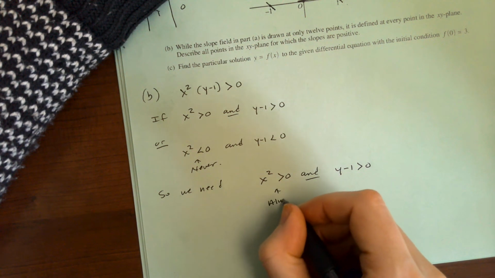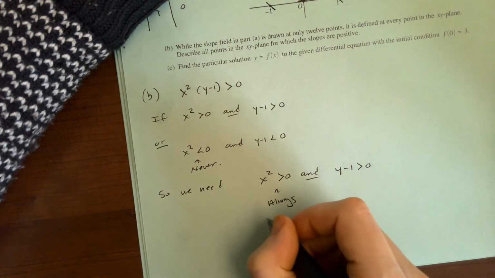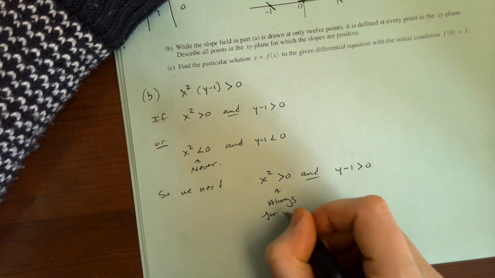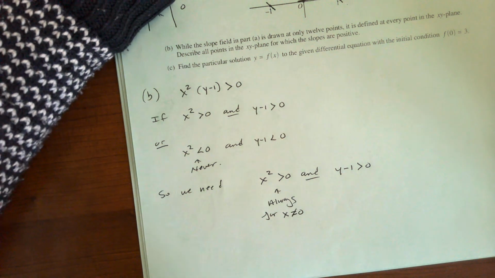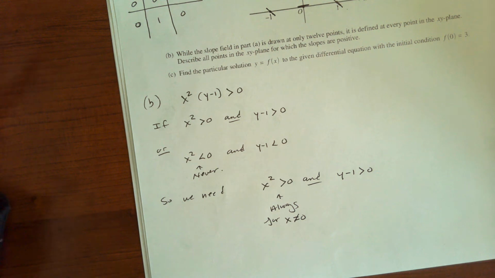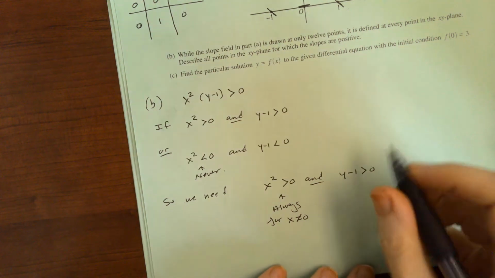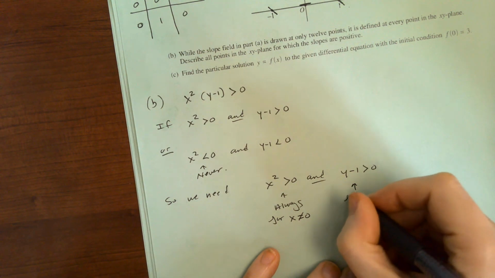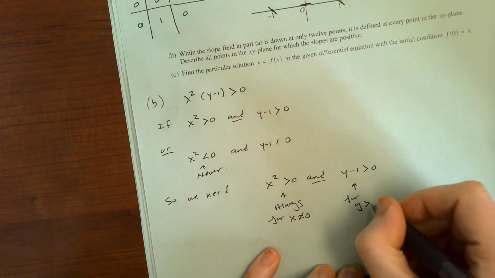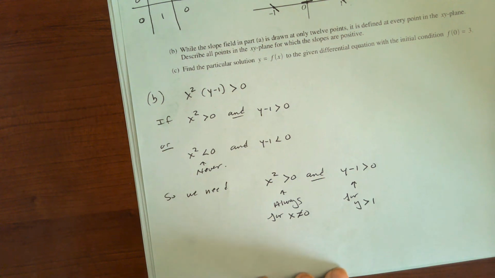Guys, this is always true for any x that's not equal to 0. If x could be 0, then that would be 0. But if x is any other number, you square it and it's positive. And over here, this is true for y greater than 1. You just add 1 to both sides.